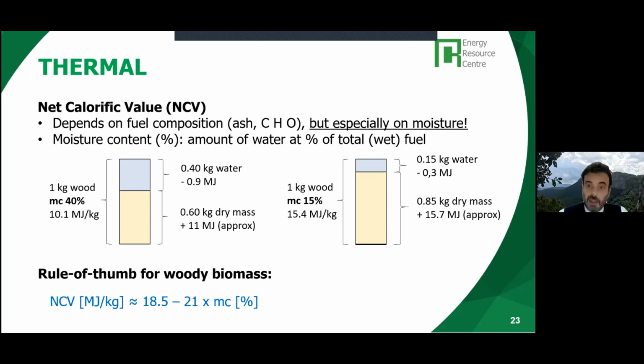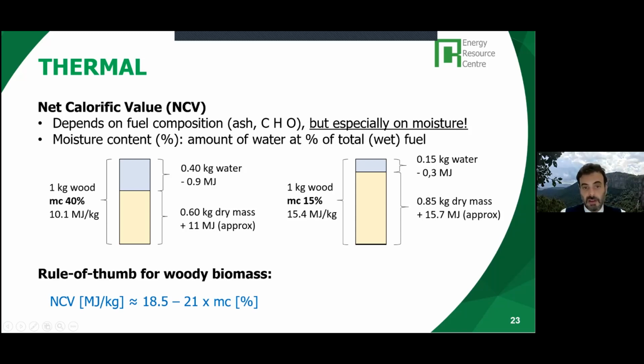Whereas imagine that kilogram of wood was much drier, with a moisture content much lower, 15% compared to the 40% here. From that kilogram of wood, we could extract 15.7 megajoules.